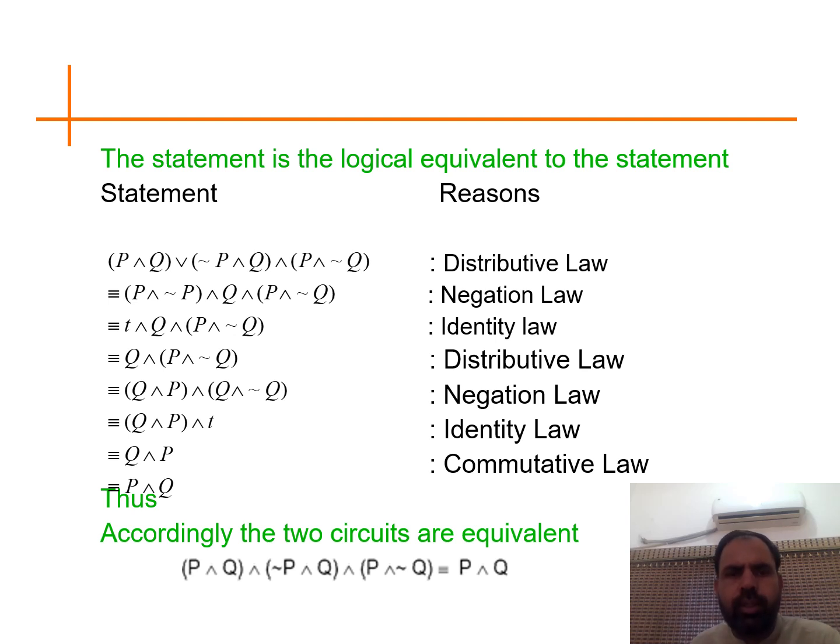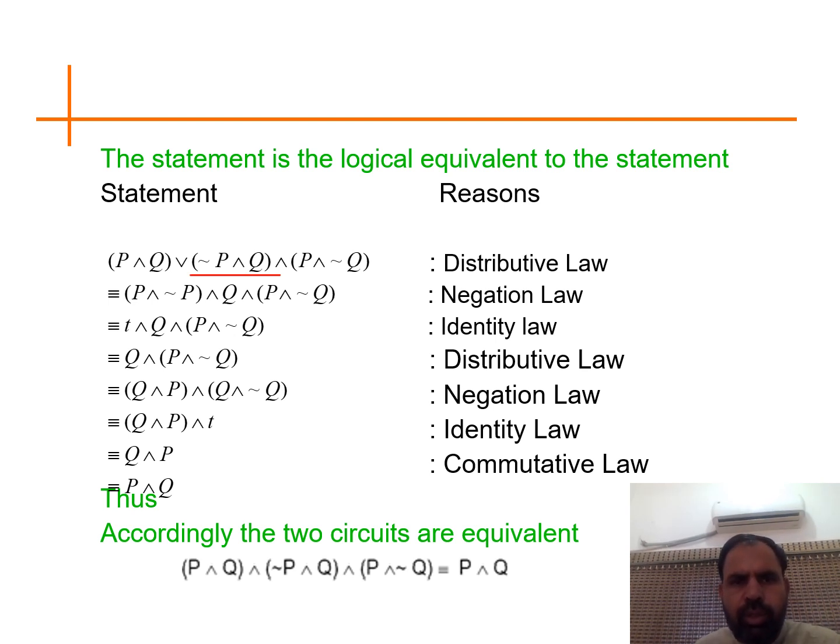Now we equate these two expressions: P and Q, or negation P and Q, or P and negation Q is equivalent to P or Q. So we use the distributive law on the left hand side, then this becomes P or negation P and Q, and P or negation Q. We use the distributive law on this one.